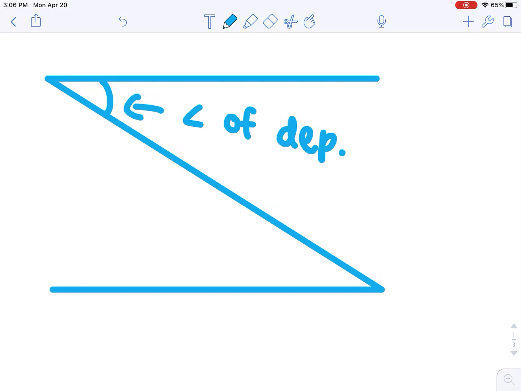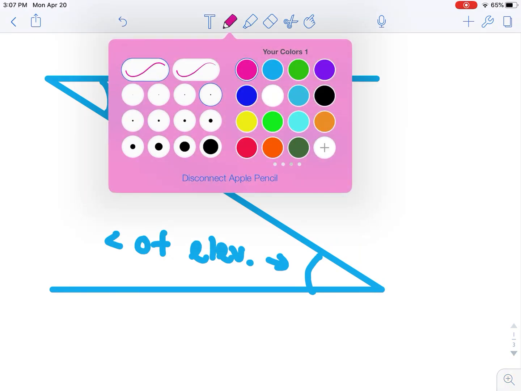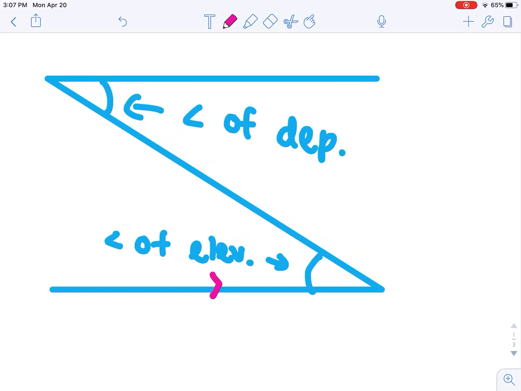But then if we have this horizontal looking up, this would be the angle of elevation. If we think about this, our two horizontal lines are parallel. Because they're horizontal, they're never going to touch. So we have parallel lines cut by this transversal.